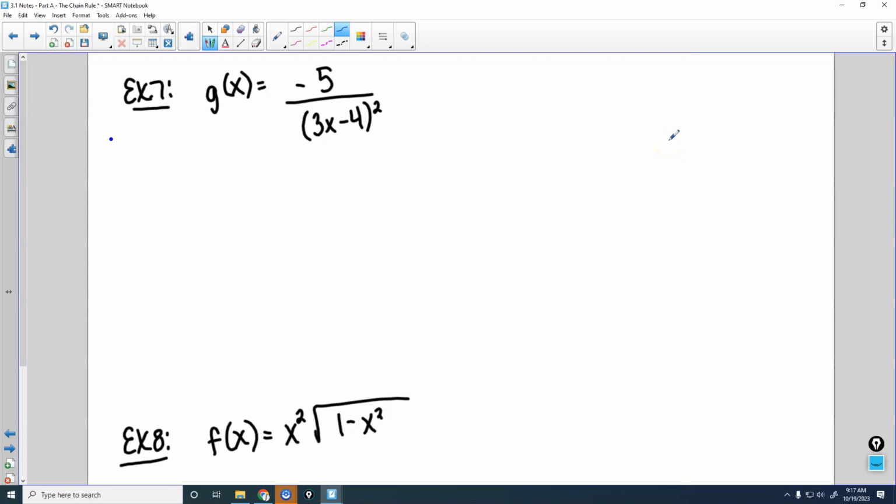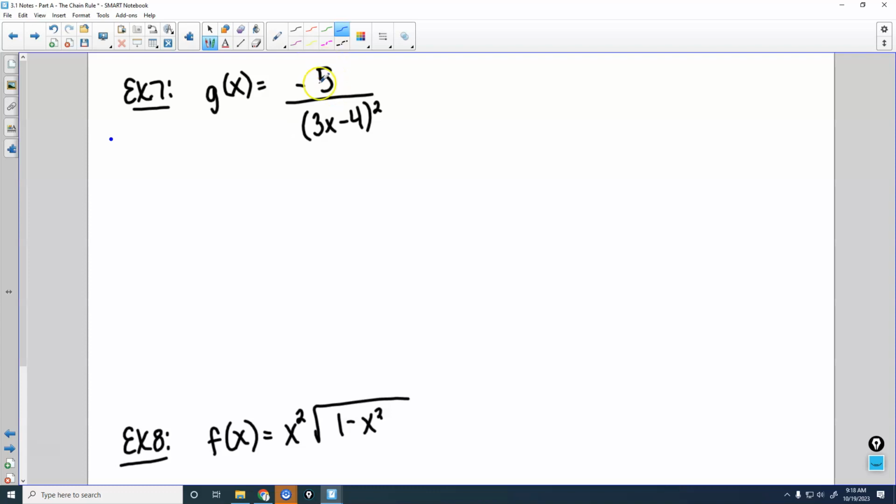You can do 7 a couple of different ways. You can do 7 as a quotient rule, but even if you do 7 as a quotient rule, you still are going to have to do chain rule inside of that, because you have the 3x minus 4 to the 2nd. So that denominator is going to require chain rule no matter how you do it.